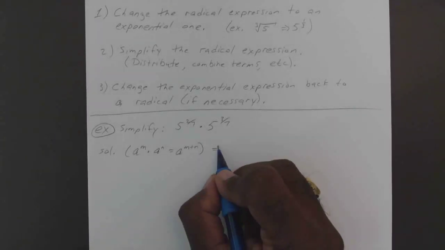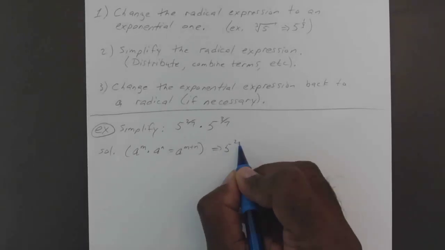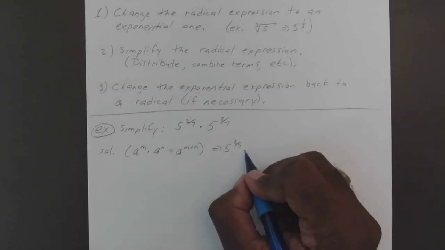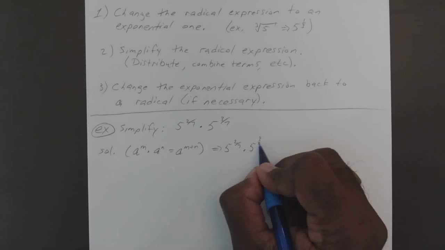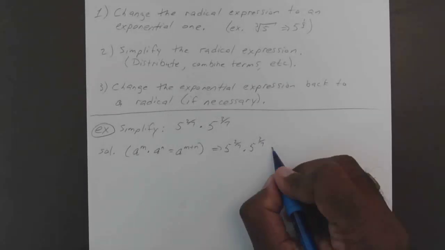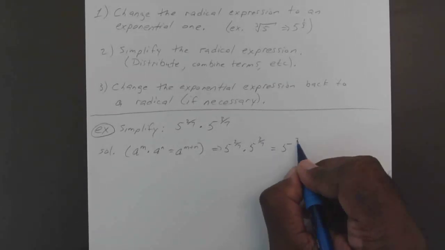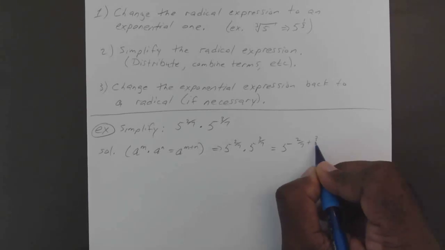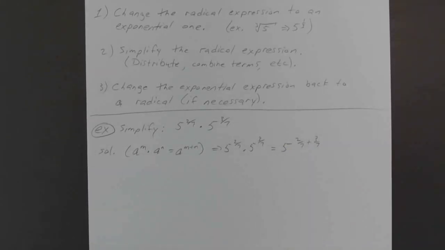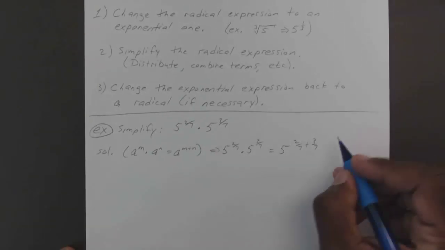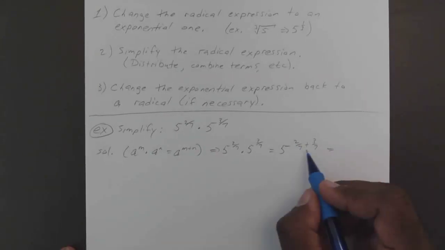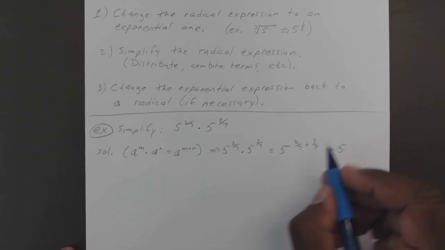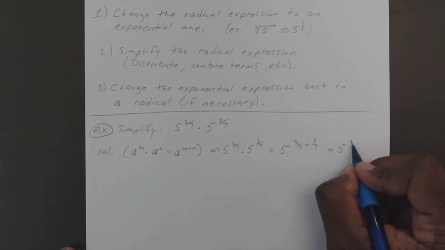So that means 5 to the 2/7 power times 5 to the 3/7 power is equal to 5 to the 2/7 plus 3/7. Which, since you have like denominators, you just add your numerators.